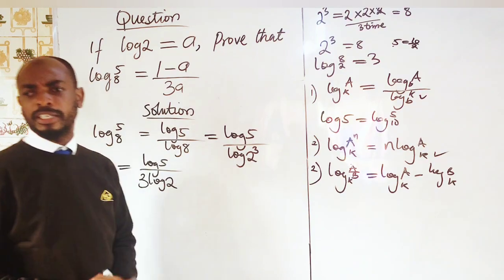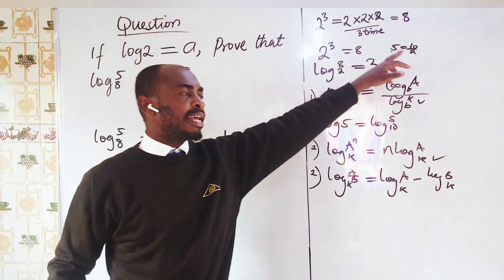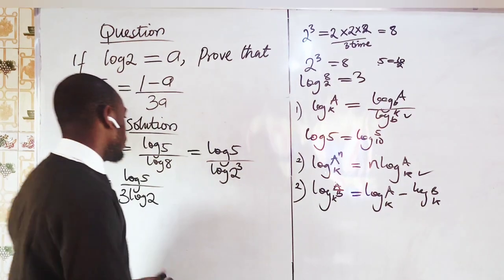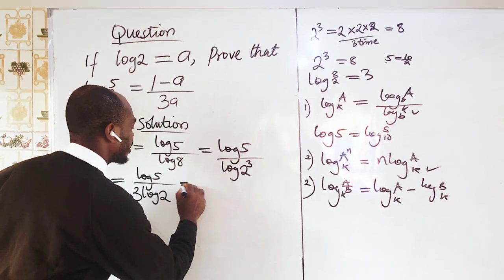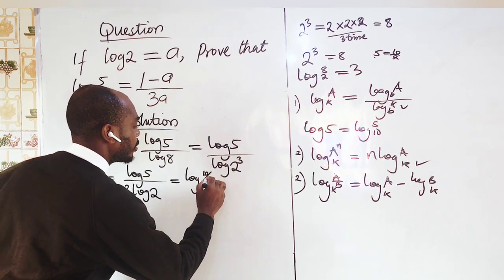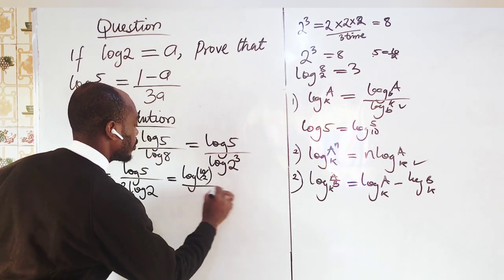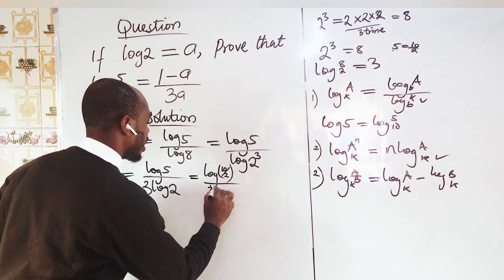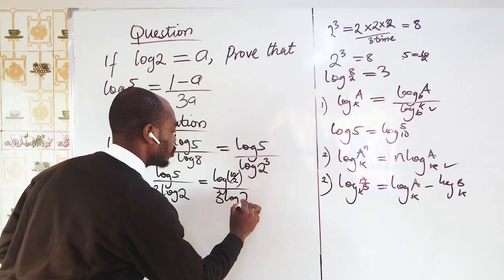That one is very easy. If you are sharing 10 things between 2 people, one part is 5. So what we are going to do is rewrite log 5 as log of 10 divided by 2, and then we have 3 log 2.